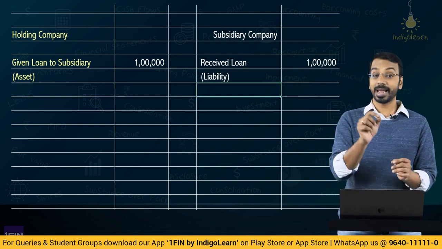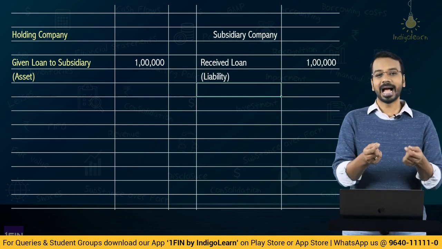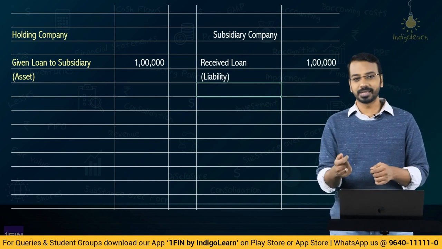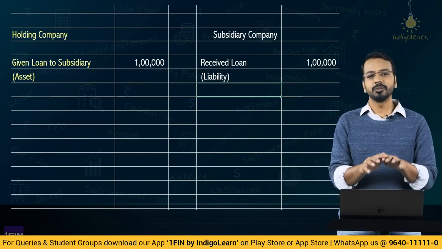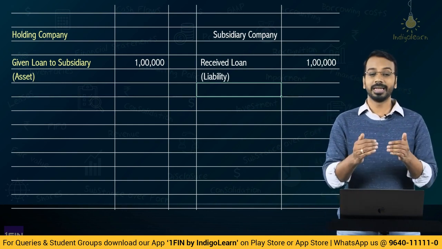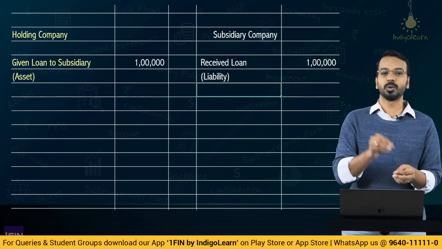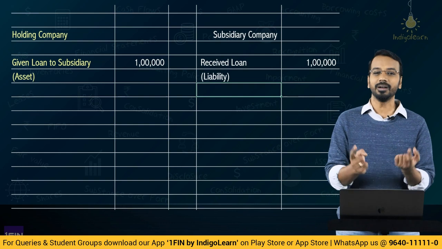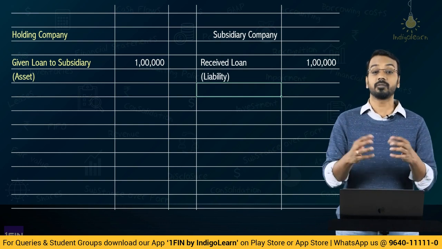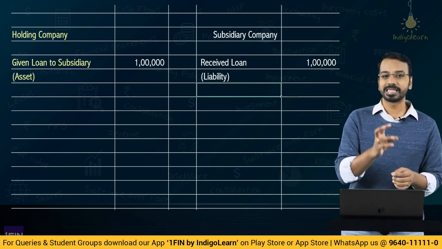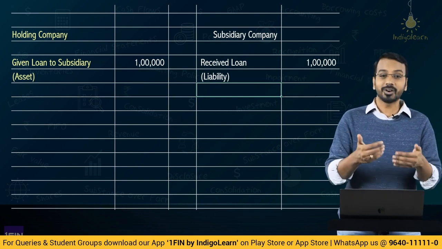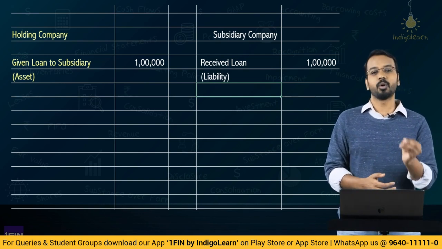Now, in the standalone statements, the father will say, I have a loan receivable. The son will say, I have a loan payable. But if you look at the family as a whole, and if you have to communicate to the outsiders, will the family say there is a loan receivable and loan payable? No, because everything is within the family. So, you will net off or set off the loan receivable and loan payable, and in the consolidated financial statements, this amount will be 0.